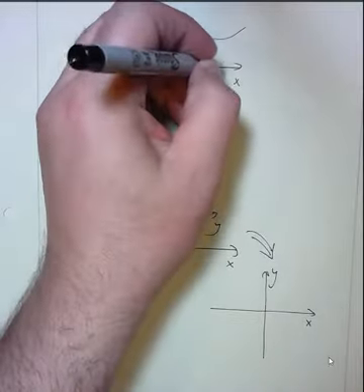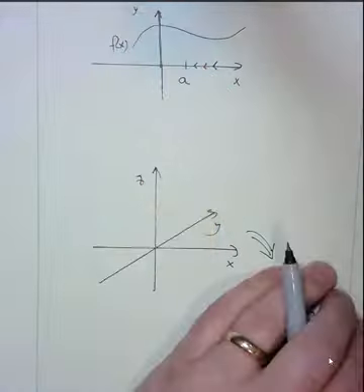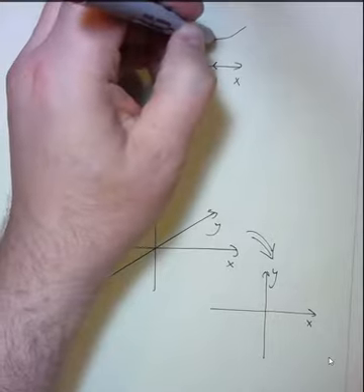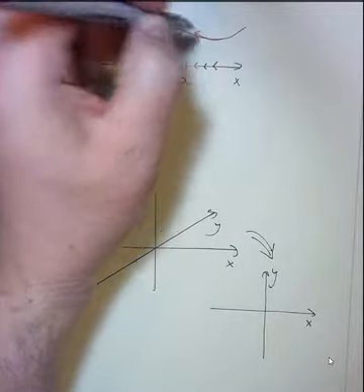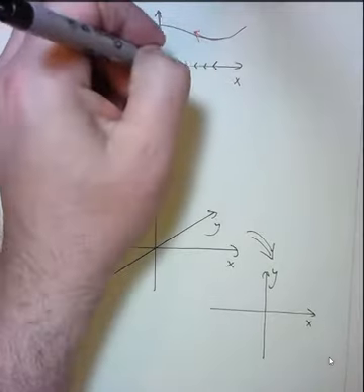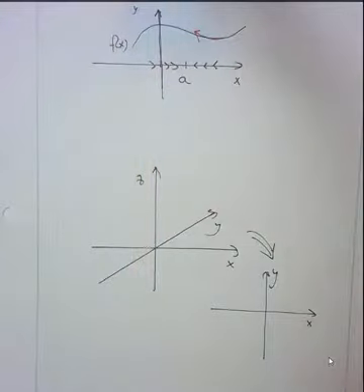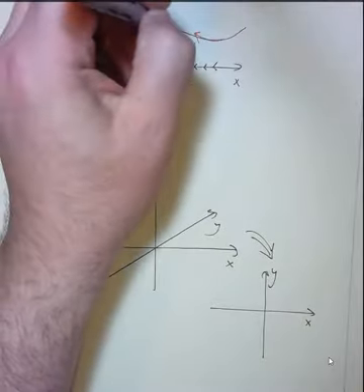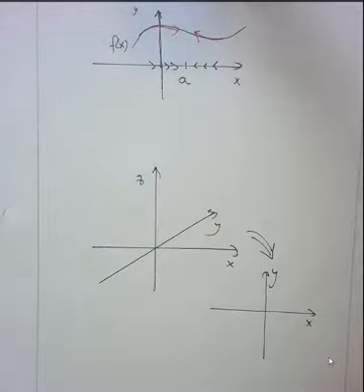We can approach from the right, and as we're approaching x equals a from the right, we are kind of following the function from that direction. And we can also approach x equals a from the left, in which case we are sort of following the function from that direction.